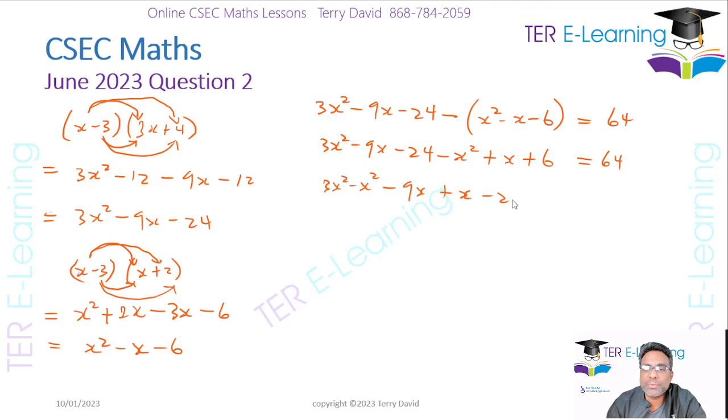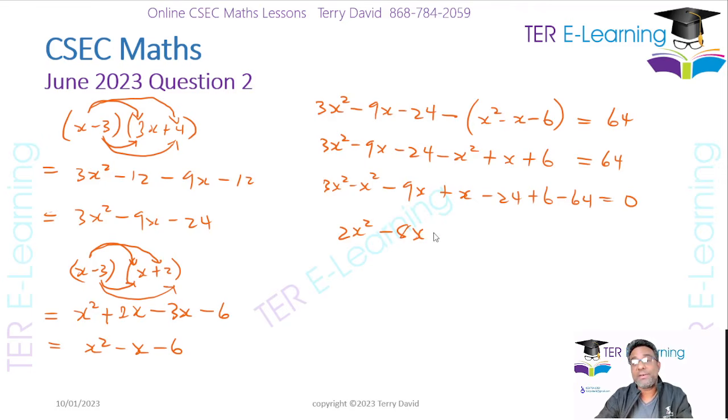And we have minus 24 plus 6 minus 64 is equal to 0. 3x squared minus x squared is going to give me 2x squared. Minus 9x plus x is going to give me minus 8x. And then I have minus 24 plus 6 minus 64. I'm going to get minus 82 is equal to 0.